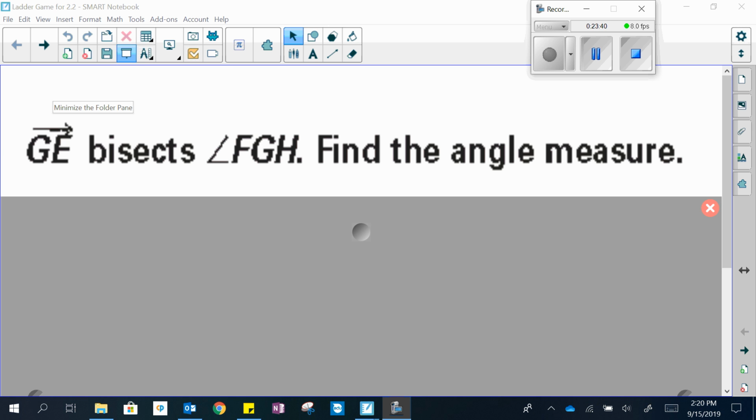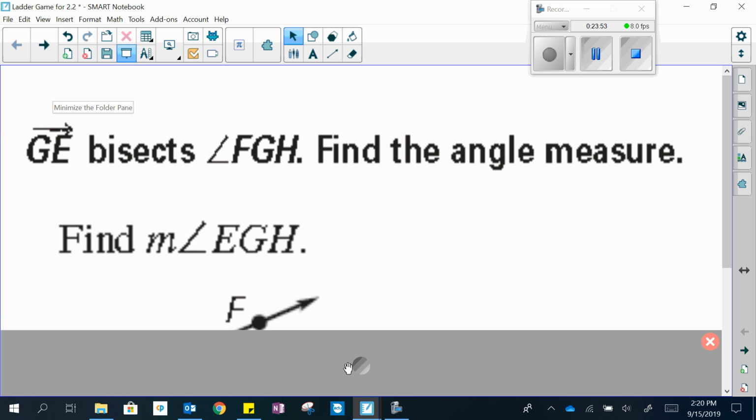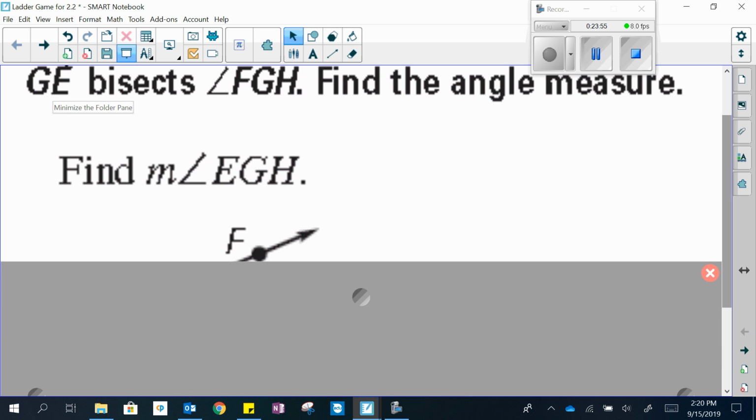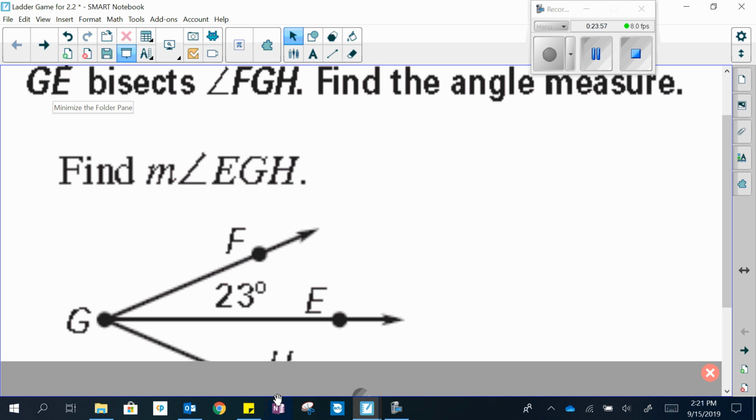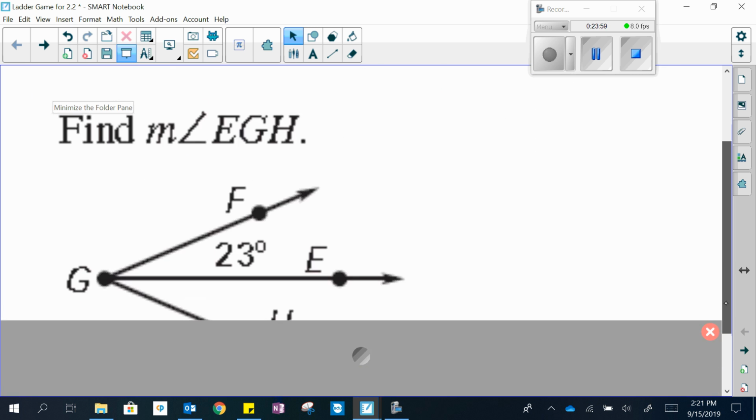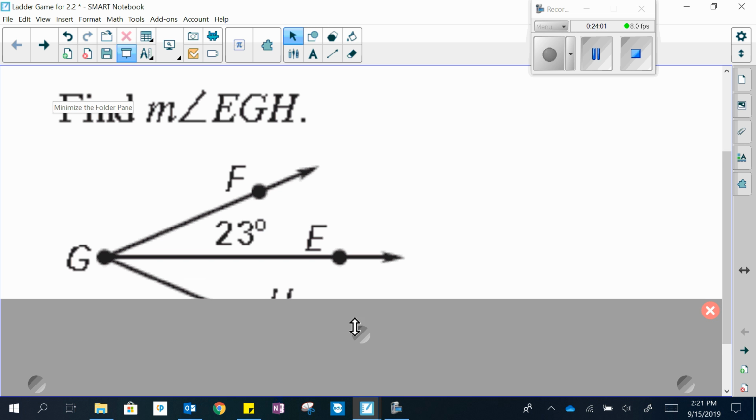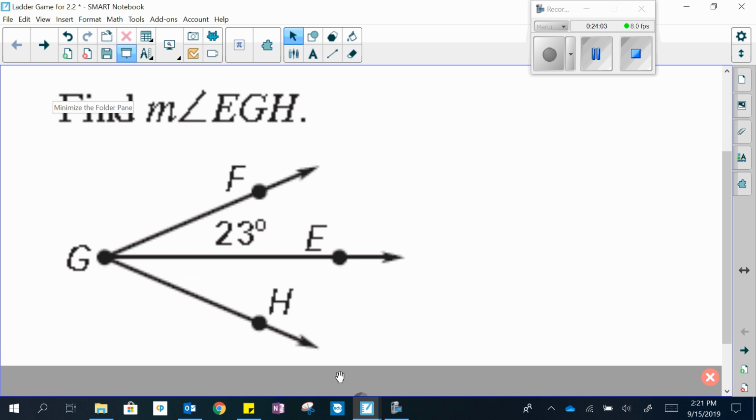All right, first problem on the board. Ray GE bisects FGH. Find the angle measure. Oh shoot, I messed that up.